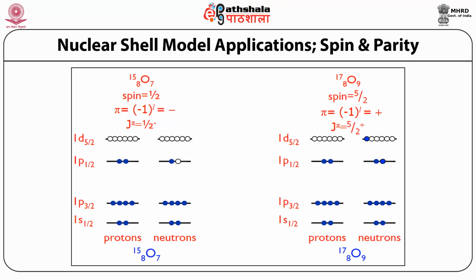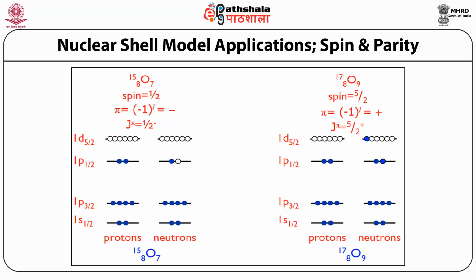Ideally, oxygen 16, the stable nucleus, has 8 protons and 8 neutrons, both magic. Whereas oxygen 15 has 8 protons and 7 neutrons, and oxygen 17 has 8 protons and 9 neutrons. So in oxygen 15 there is one vacancy, whereas in oxygen 17 there is an added nucleon outside the closed shell.